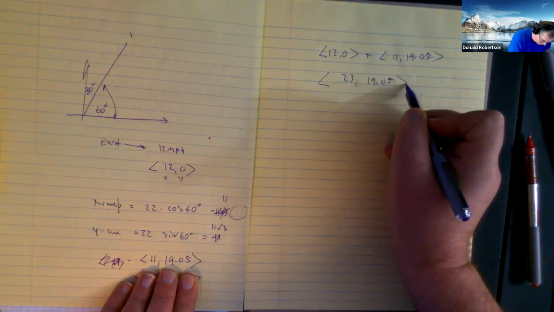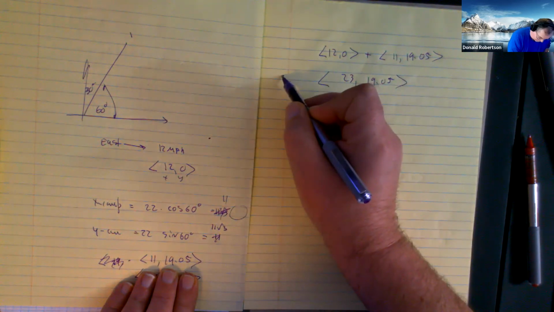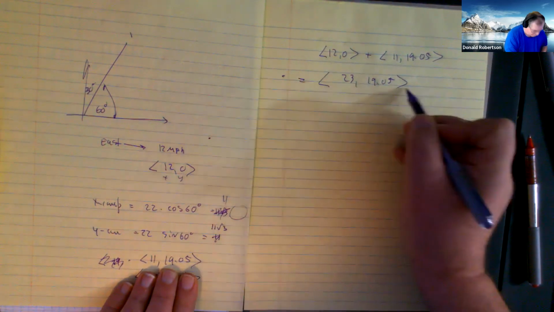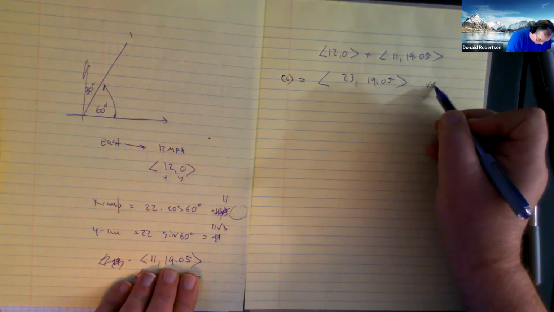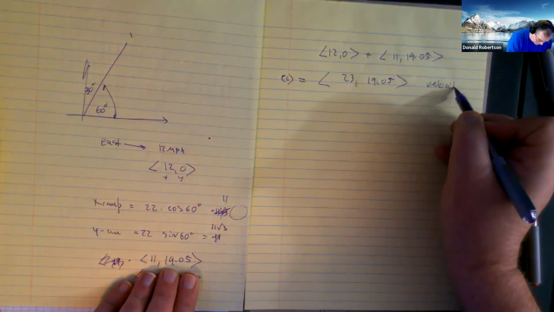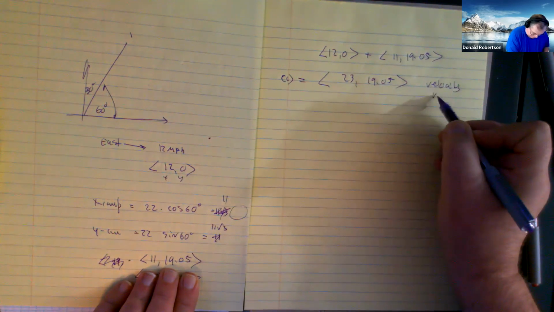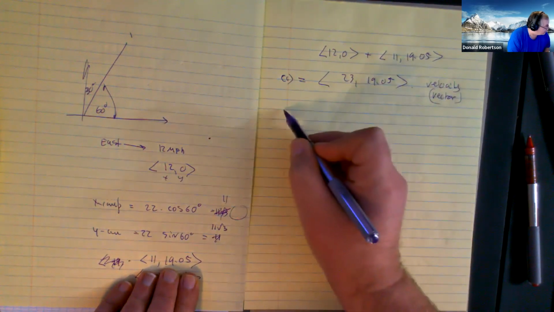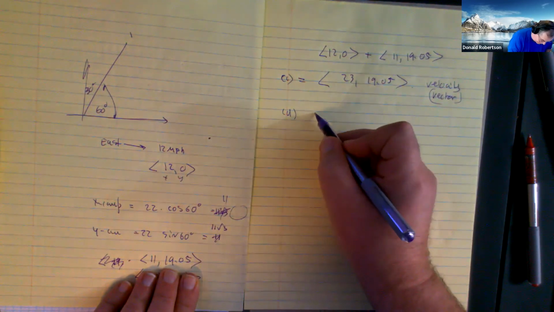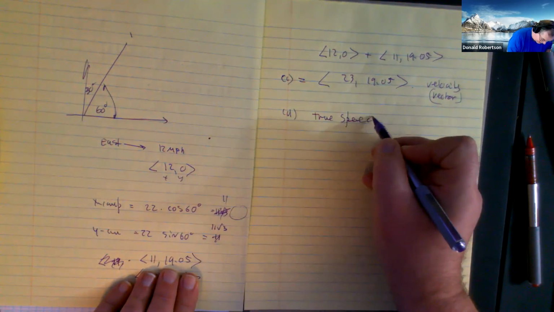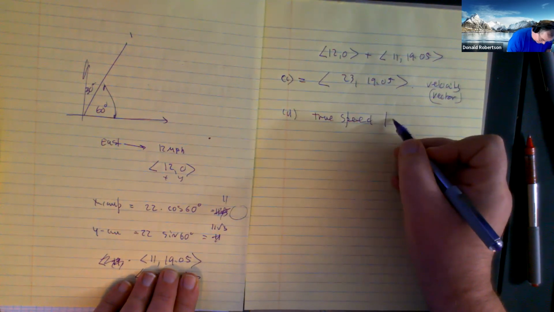That's the resultant, which is question C. They use the word velocity, and when they use the word velocity, that means vector. Then they ask you for the true speed. Think of the word true speed as the magnitude of this vector.